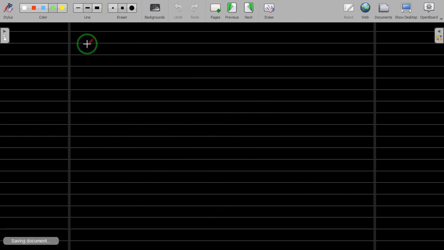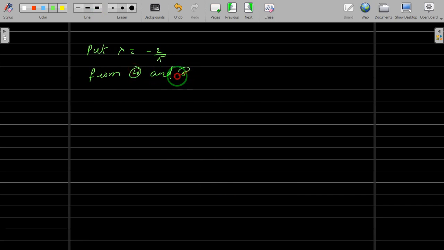And similarly you put lambda equal to minus 2 upon pi. What is C1, C2?